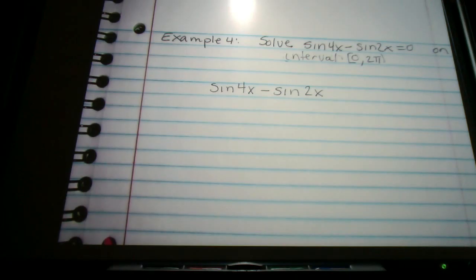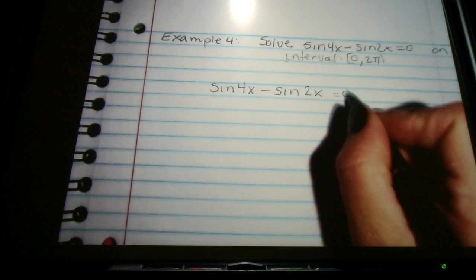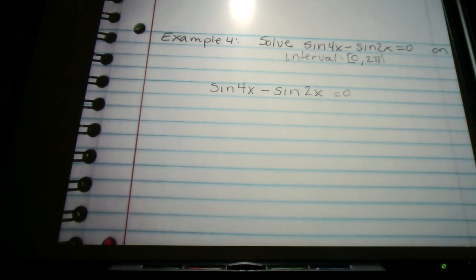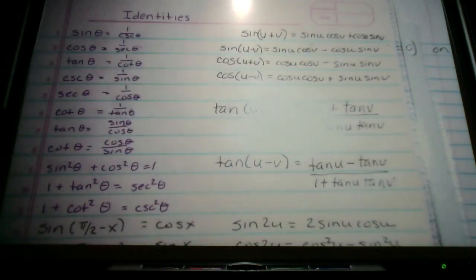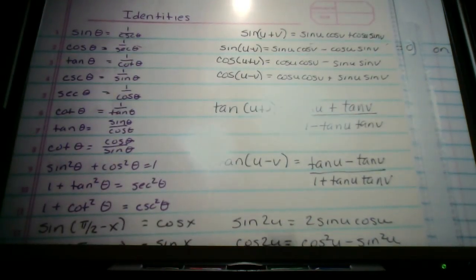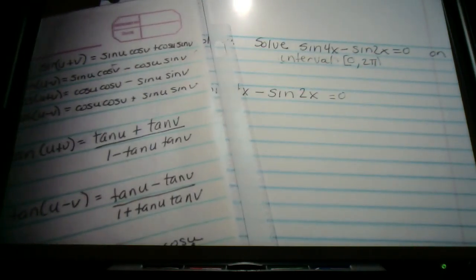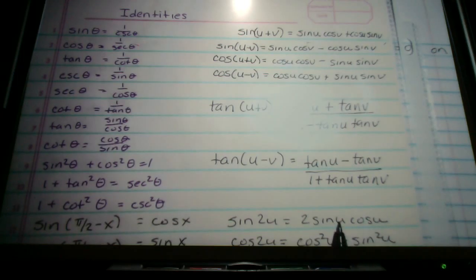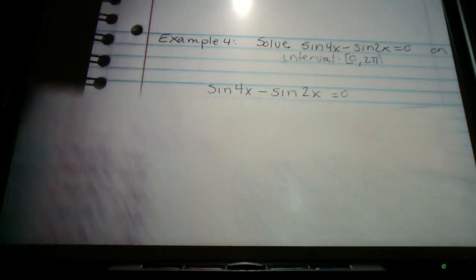So what am I going to do? We have all these formulas. Well, get the sine of 4x. We could possibly try these, but then we're going to get different variables.